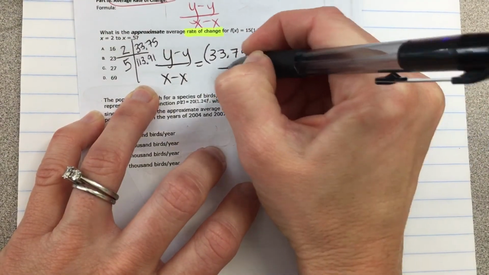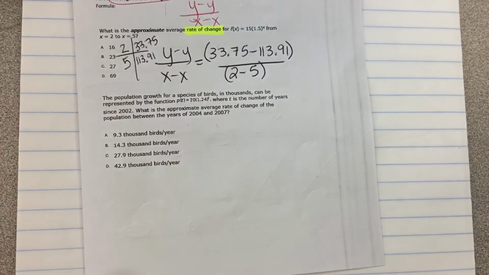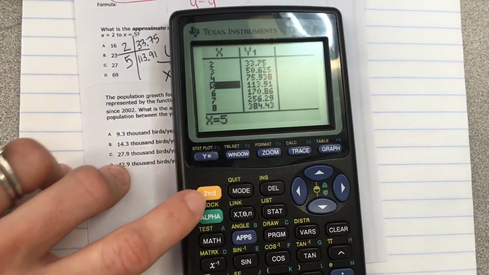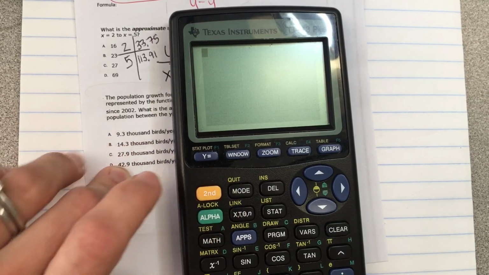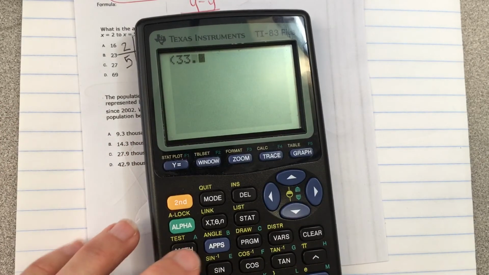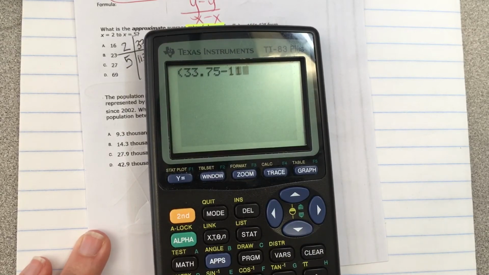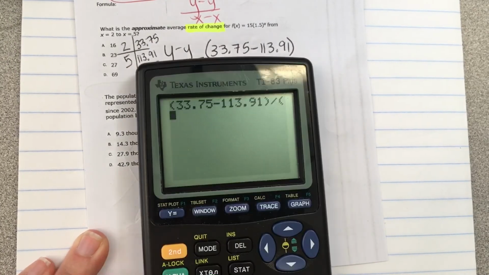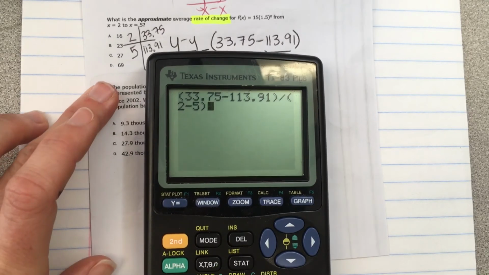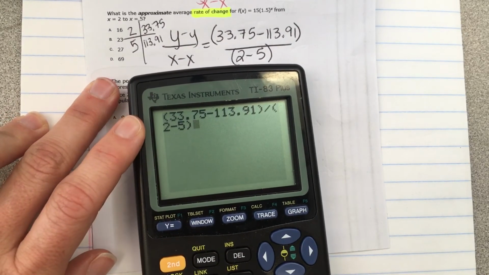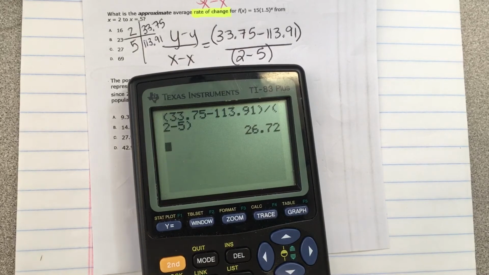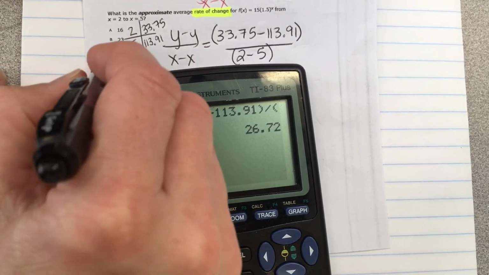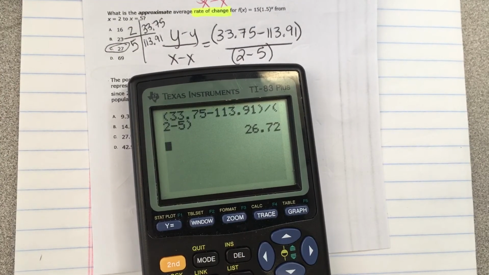If you put it in your calculator, you have to put parentheses around the whole thing. So I'm going to go to second quit, parentheses 33.75 minus 113.91 divided by parentheses 2 minus 5. All right. What do we get? 26.72, which rounds to 27. Is that working for y'all?